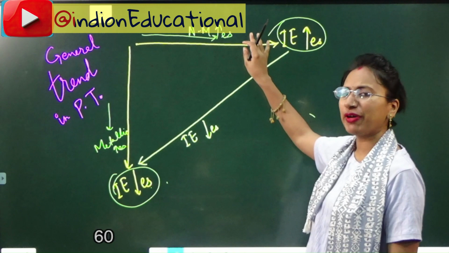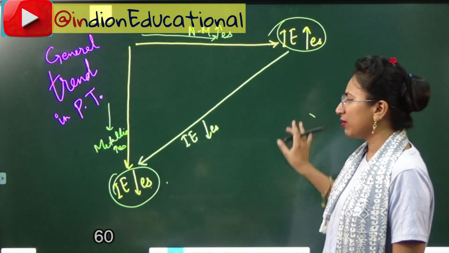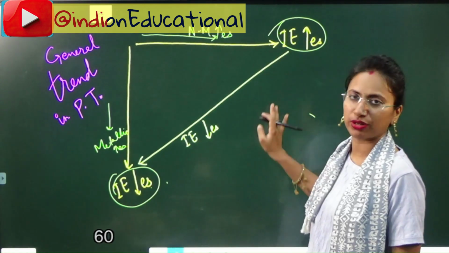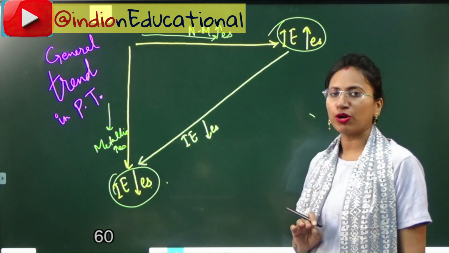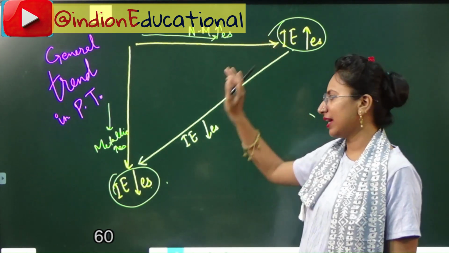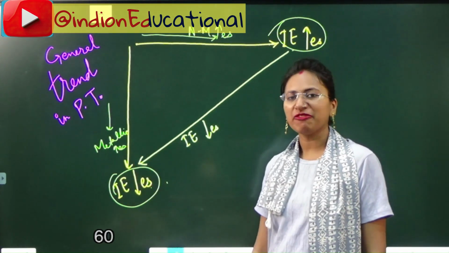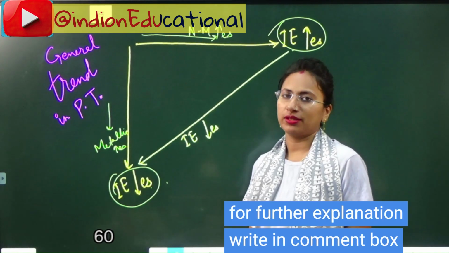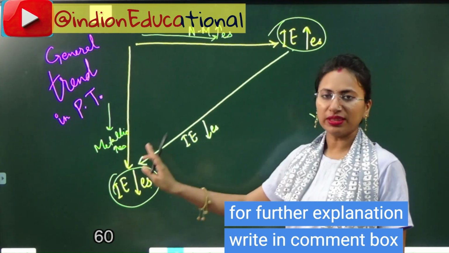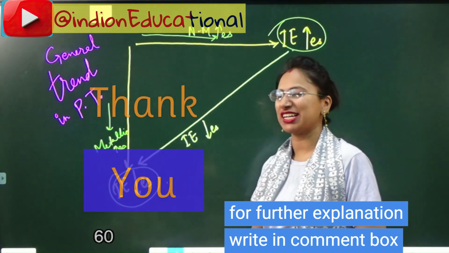This corner will have very good non-metals. One more thing: group 18, the noble gases, is not involved here. Up to group 17, this corner will have very good non-metals, and the bottom left corner will have very good metals. So ionization energy decreases if you go in this manner in the periodic table. This is the general trend.